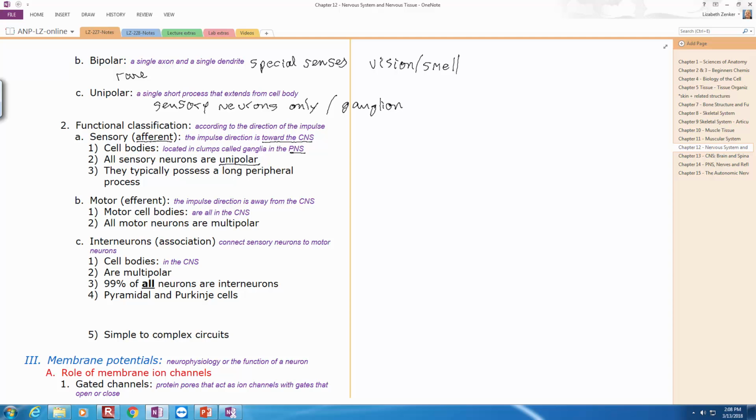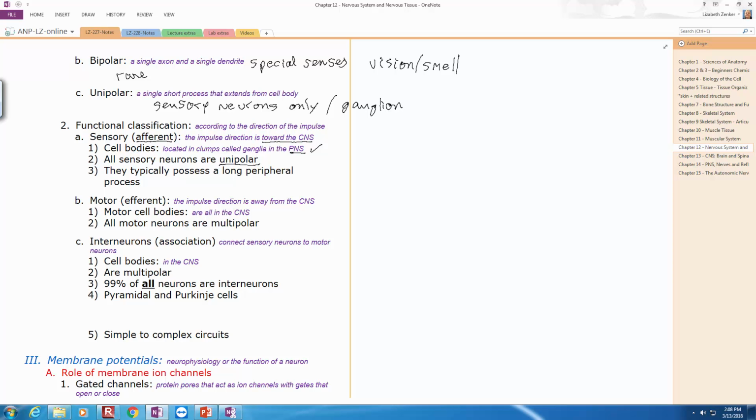So for example, take the sciatic nerve. One, we said nerve, so we know that this is PNS, correct? Two, we said that the cell bodies are located in the ganglia of the PNS, so we're still talking PNS here also. Also, the peripheral process is really long. If you think about the sciatic nerve, if you're taller than me, it might be 1 meter long.